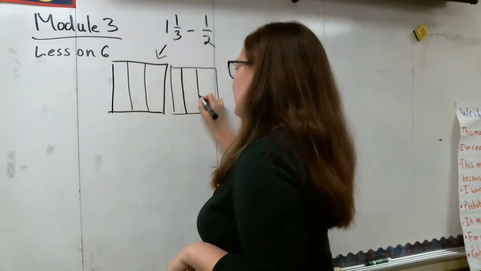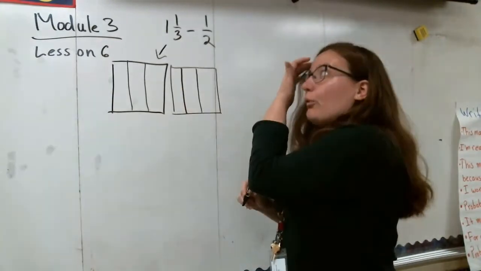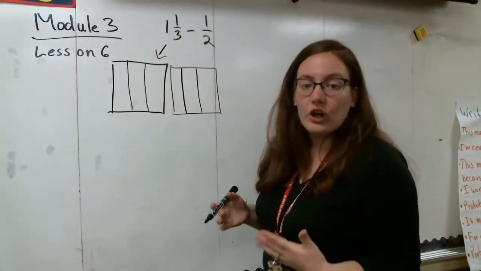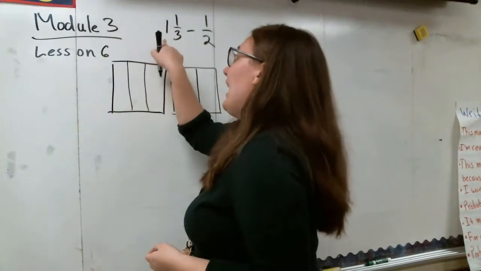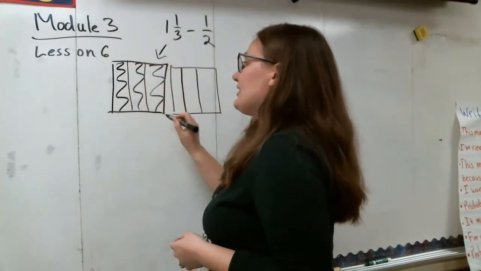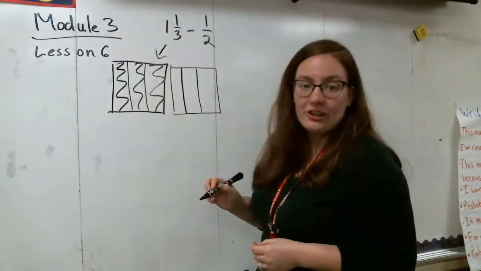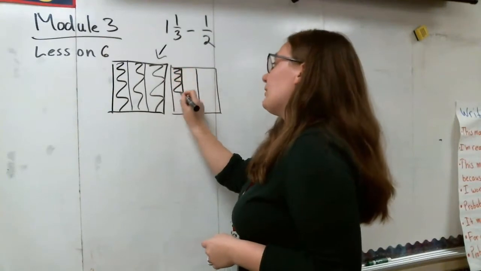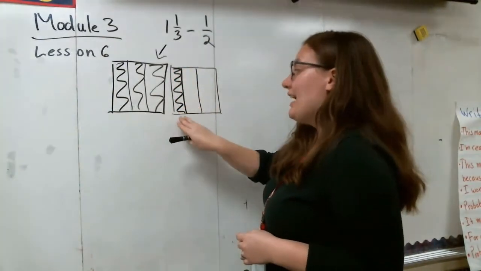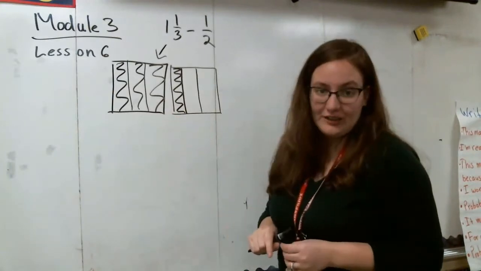The reason why I do this is another way I can think of 1 1/3 is as 4/3, because I know that 1 is the same thing as 3/3, which is one whole, and then if I have 1/3 more, I just need to shade in one more part. So I'm showing 1 1/3, or 1, 2, 3, 4 thirds.